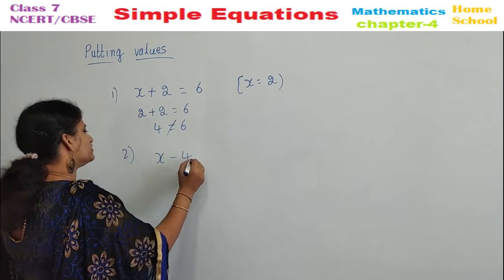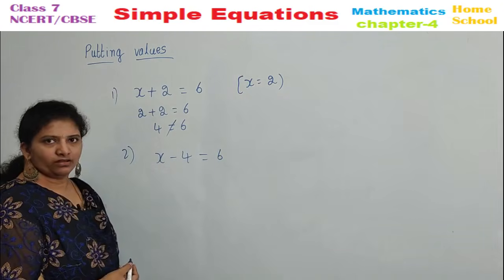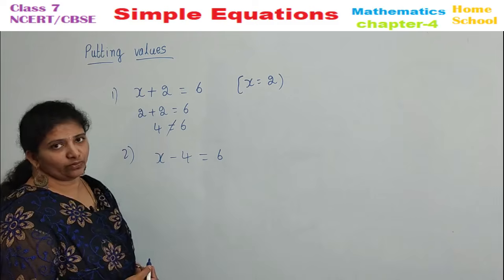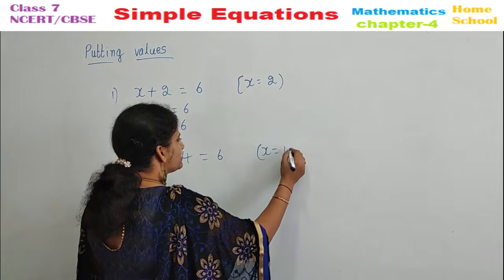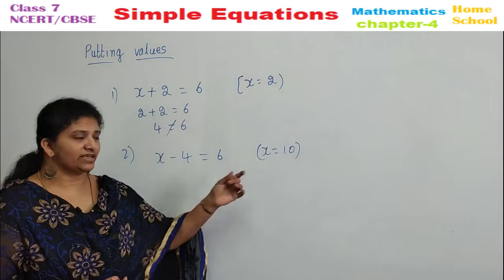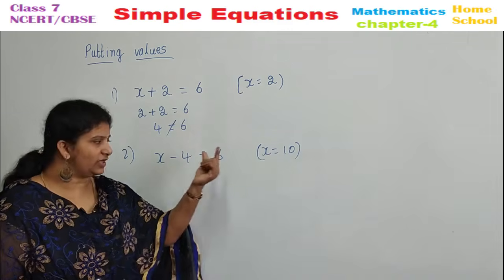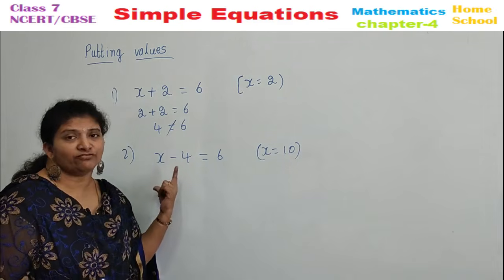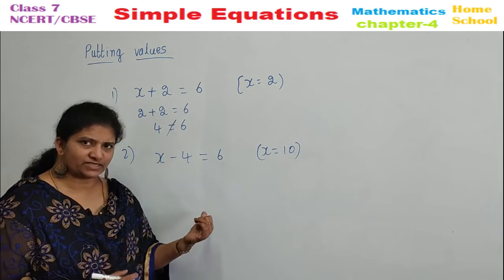Similarly, you take one more example here. x minus 4 equal to 6. I give a value for x is equal to 10. What is the value of x I have given for you? 10. Put this x value in the given equation and find out whether it is satisfying or not. How it satisfies?